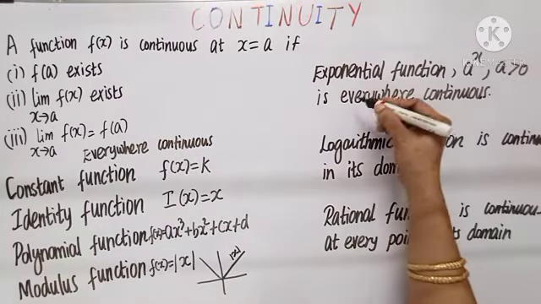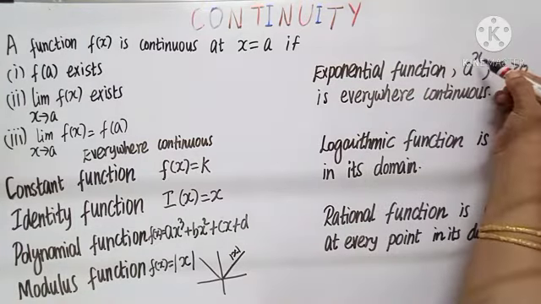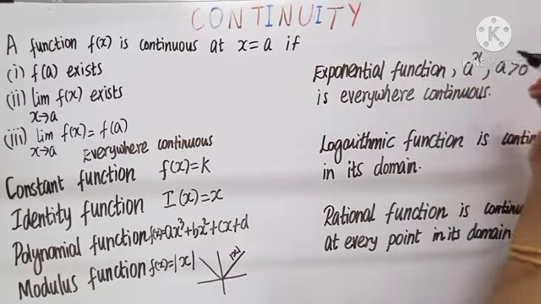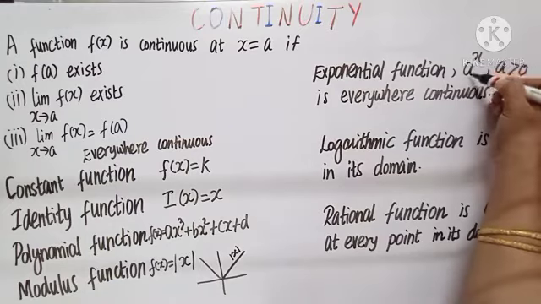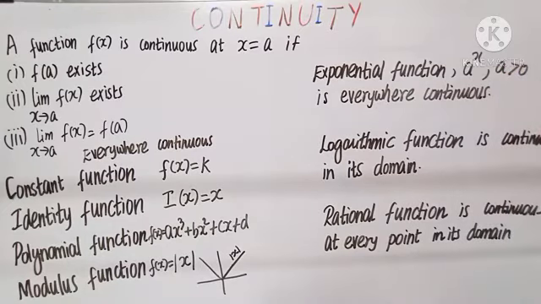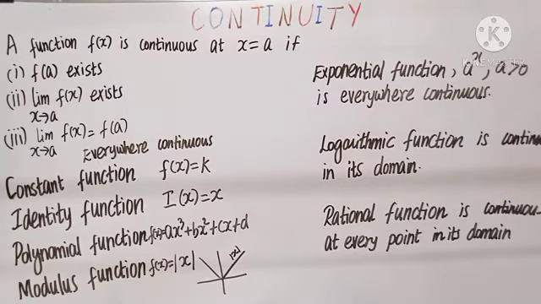When we come to the exponential function, x comes in the power. We call it exponential, and it is also everywhere continuous provided a is a positive quantity. Logarithmic function, when we define it, is continuous in the domain defined in the question.